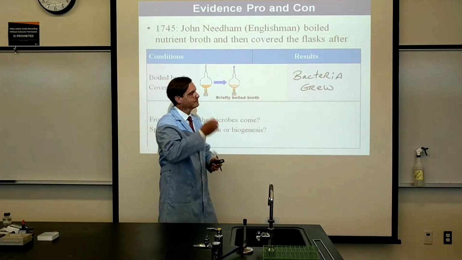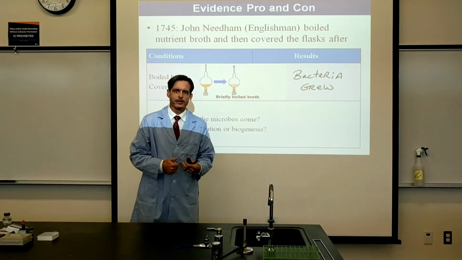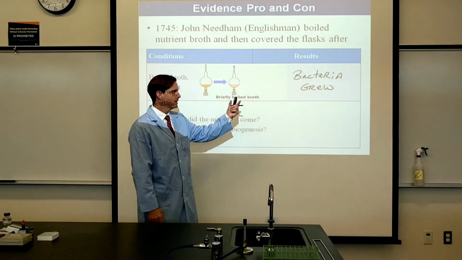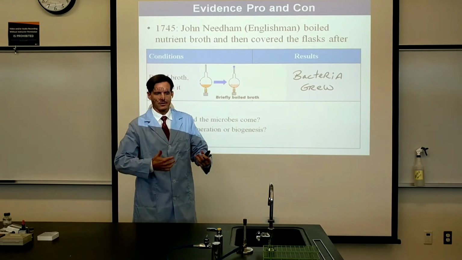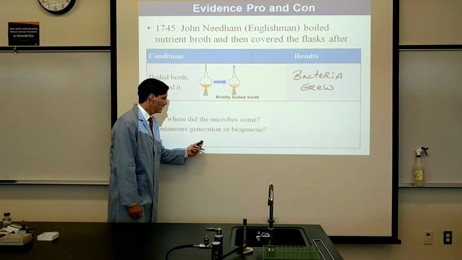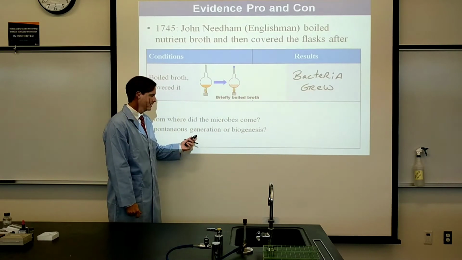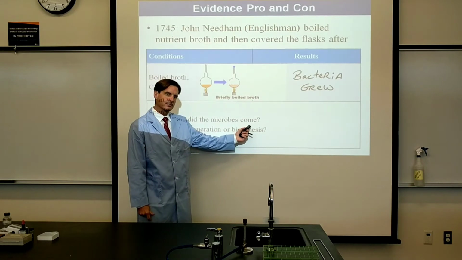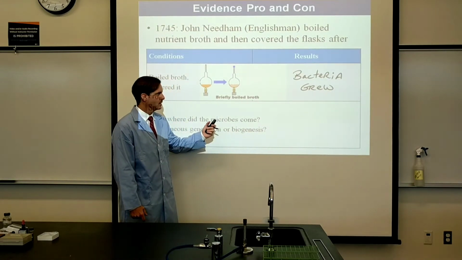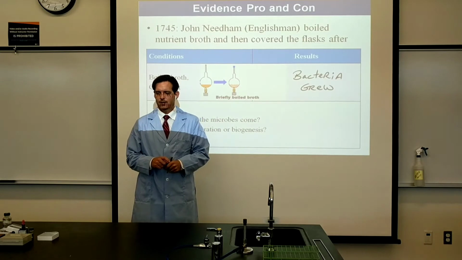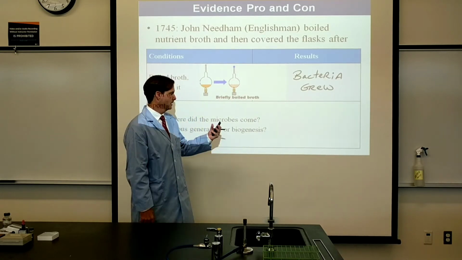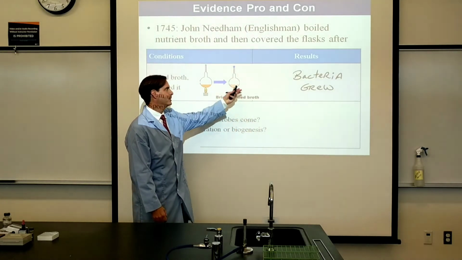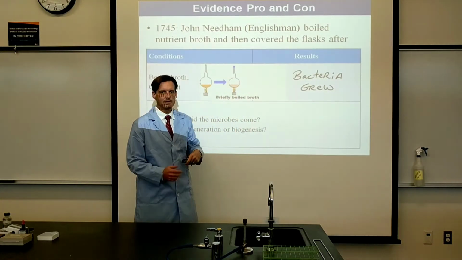And so Needham kind of set back this argument about biogenesis because in his view, the bacteria grew out of nowhere. And so, you know, this was a guy who really was saying that, hey, look, I'm showing that spontaneous generation is still at work. All right, but from where did the microorganisms come from? Where did the microbes appear? And if you read about it in your book, and in this case, I'll direct you to the answer, there probably was some opening to the fresh air.